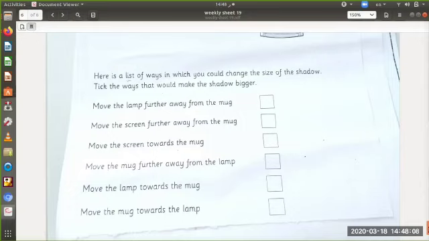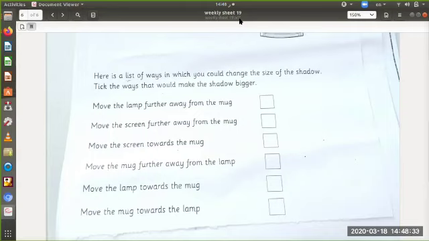Okay, so the answers will be: we can move the lamp further away from the mug, so it's wrong. Move the screen further away from the mug. Okay, you can. It will be a bigger one.